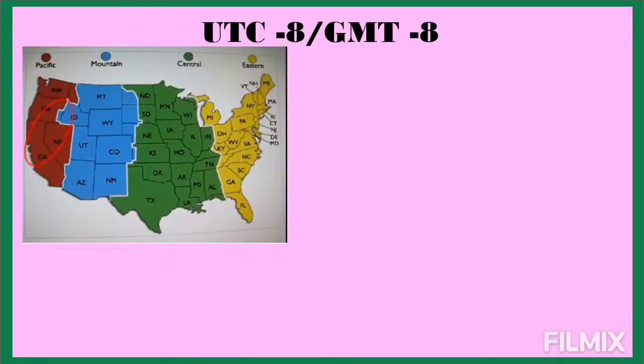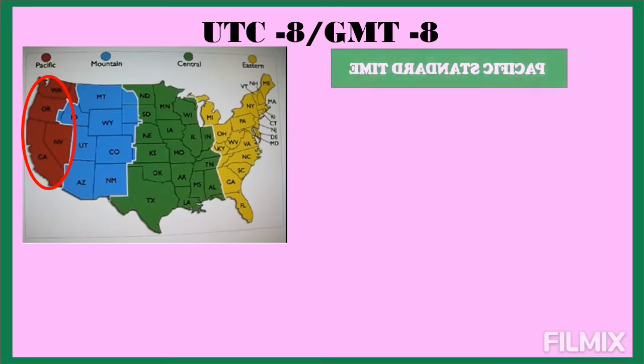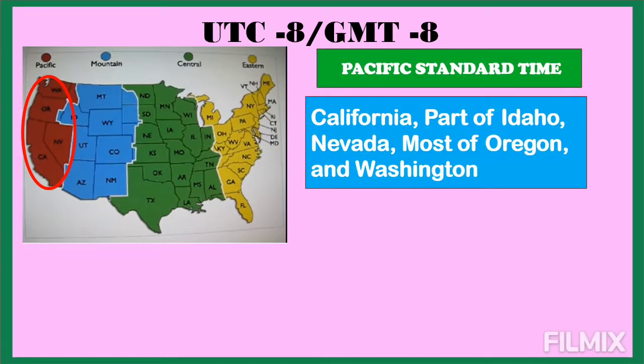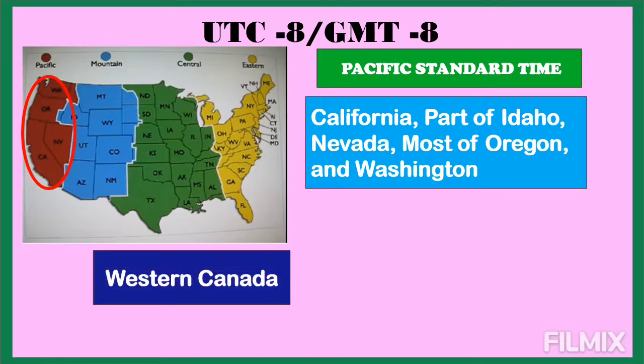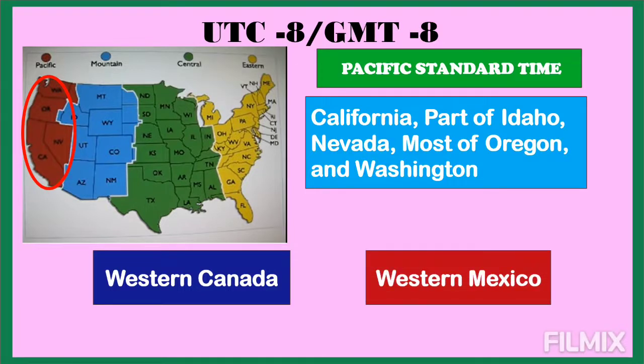The Pacific Time Zone (PT) is a time zone encompassing the western United States, like California, parts of Idaho, Nevada, most of Oregon and Washington, and also western Canada and western Mexico. In the United States and Canada, this time zone is generically called the Pacific Time Zone.